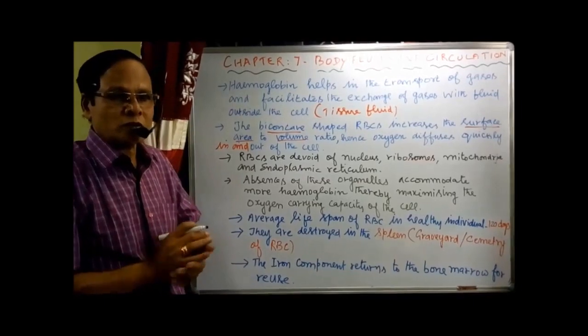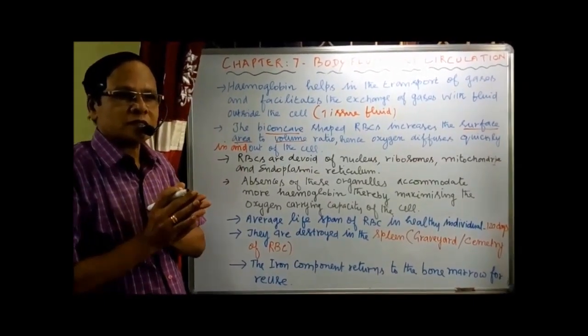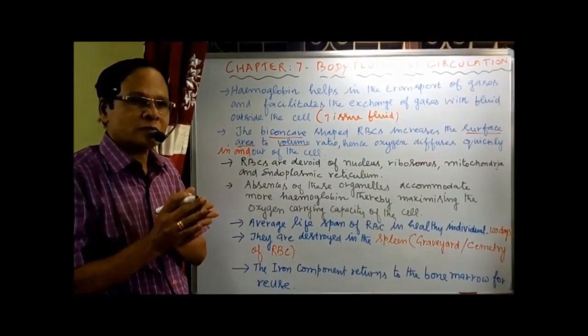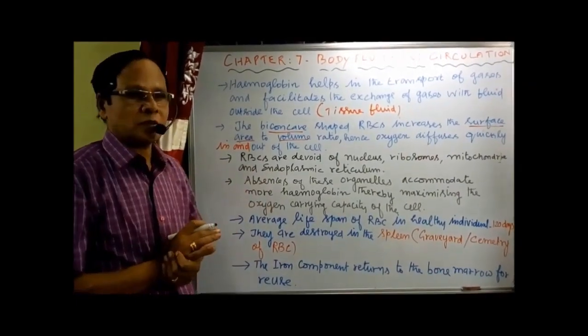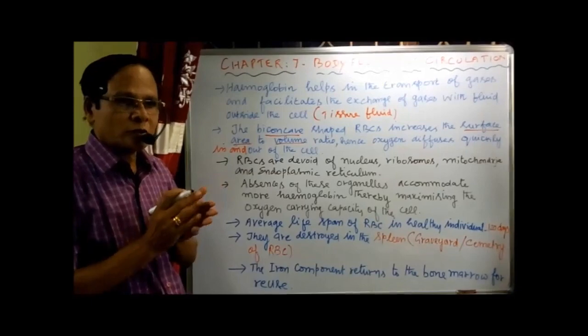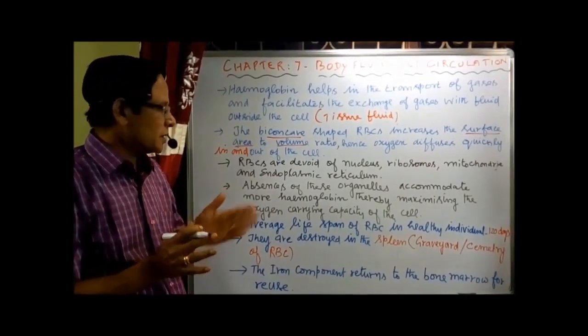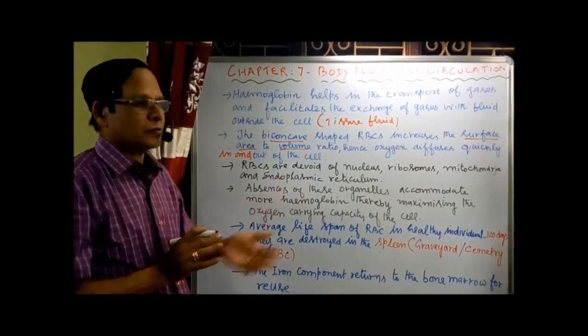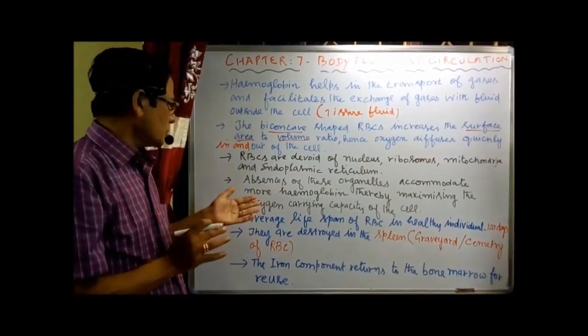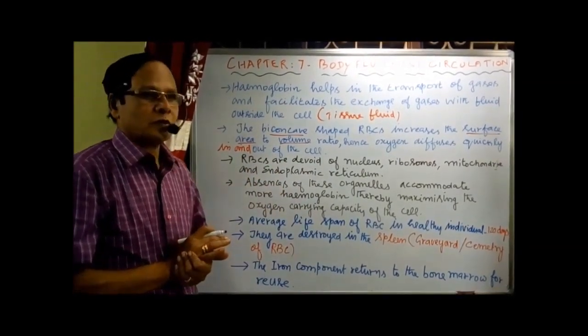That's the reason RBCs transport oxygen quickly. So more hemoglobin is accommodated in the cell because of the absence of organelles.